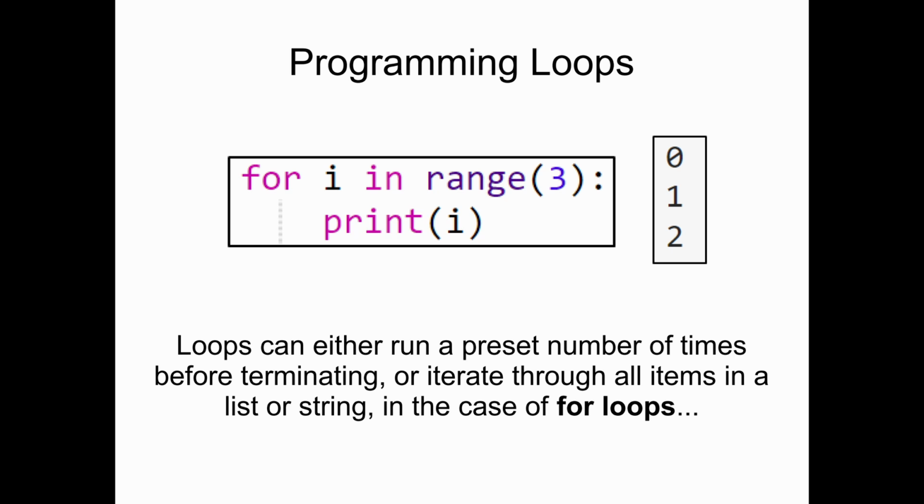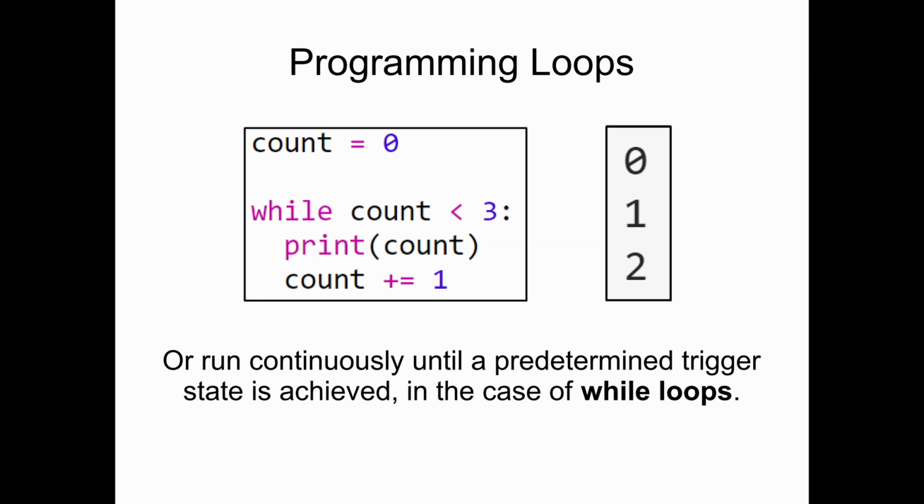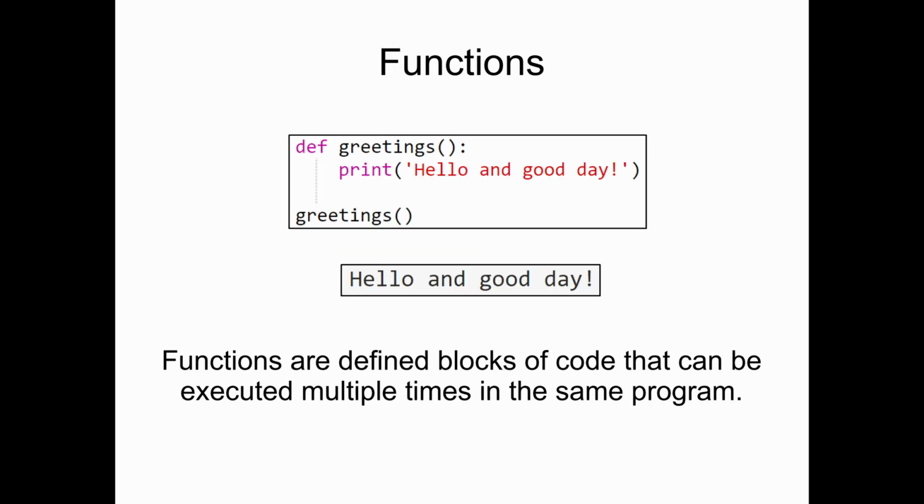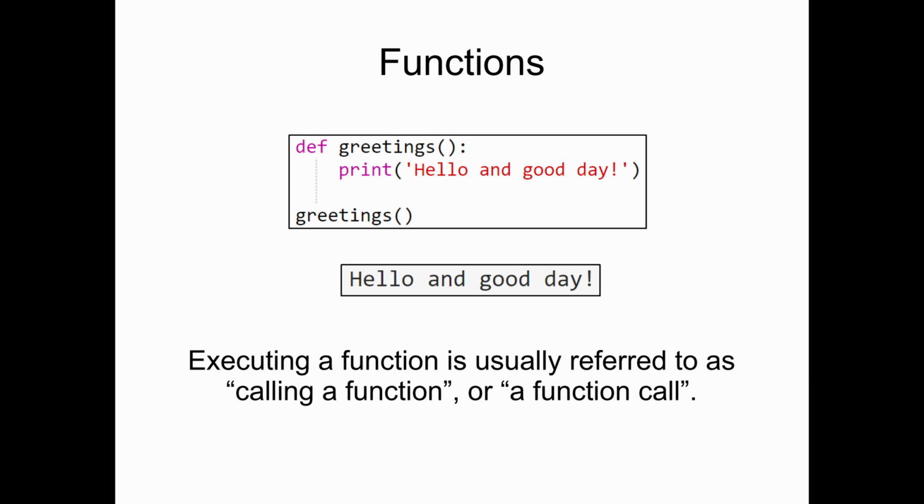Loops can either execute a preset number of times before terminating, or iterate through all items in a list or string, in the case of for loops, or run continuously until a predetermined trigger state is achieved, in the case of while loops. Functions are defined blocks of code which can be executed multiple times in the same program. Executing a function is usually referred to as calling a function, or a function call.